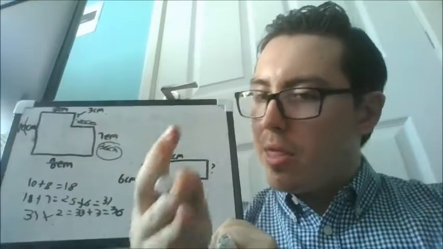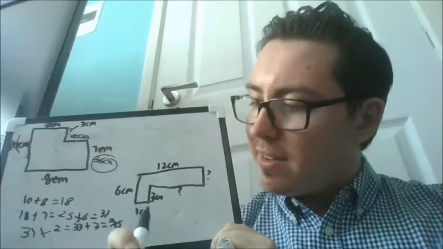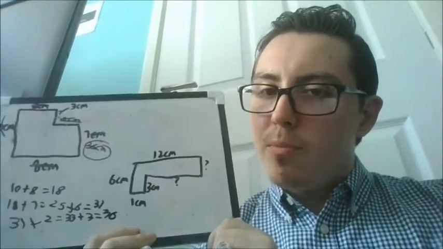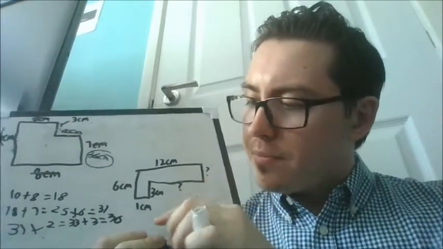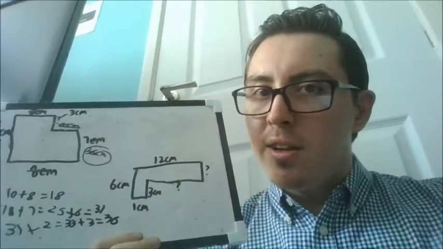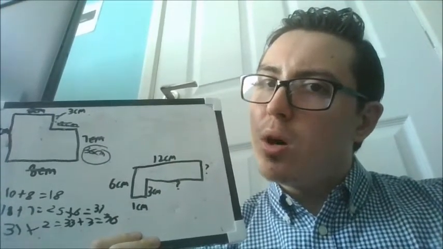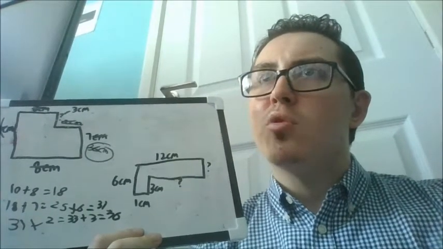No, that's our length. Our other width is here, 1 centimeter. So we know something add 1 centimeter equals 12. What do we add to 1 to get 12? 1 add something is 12.